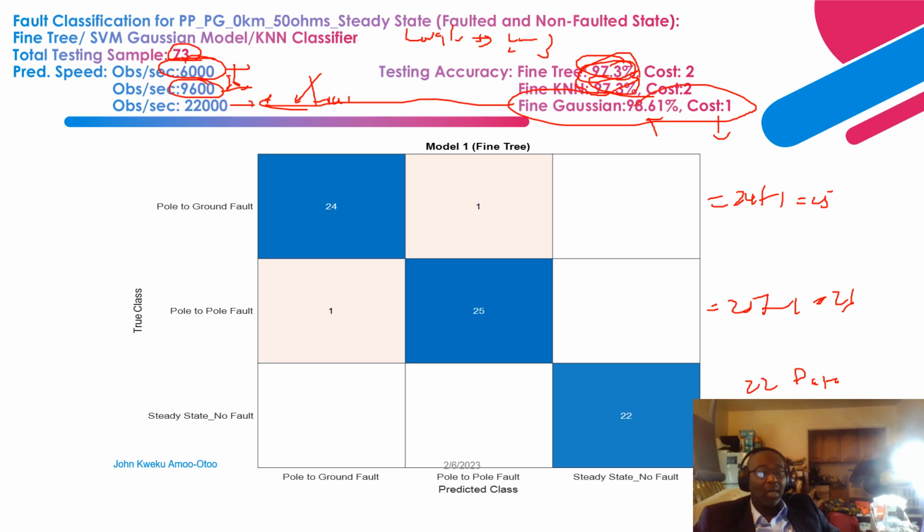Out of that, 24 out of 25 was accurately tested and gave the correct prediction, from the actual to the prediction, and one was misclassified. For the pole to pole fault, one was misclassified and 25 were accurately classified. And for steady state, all of them were correctly classified.